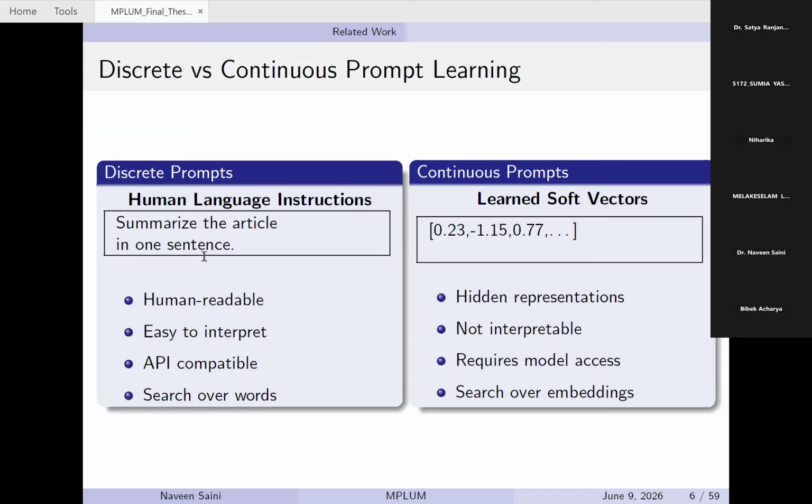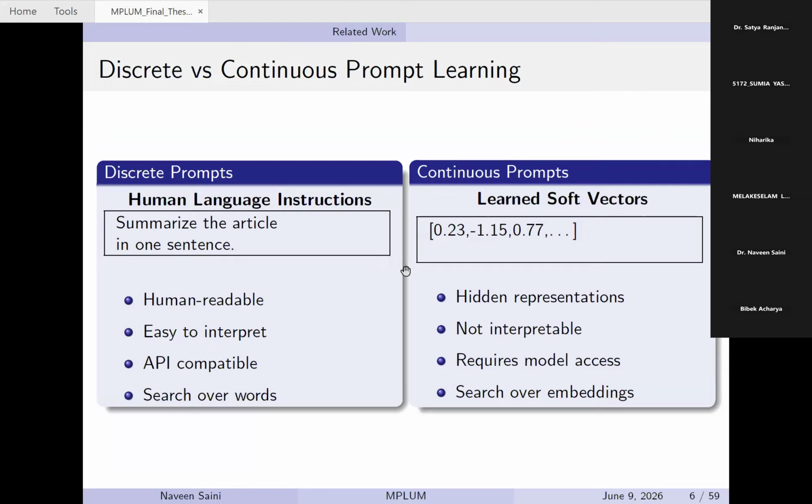Now here is an example of human language instructions, for example, summarize the article in one sentence. It is human, easy to interpret, API compatible, and searches over words. On the right hand side, we have the continuous prompt, which means learned vectors.